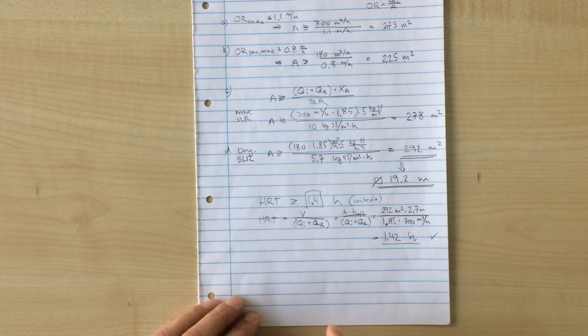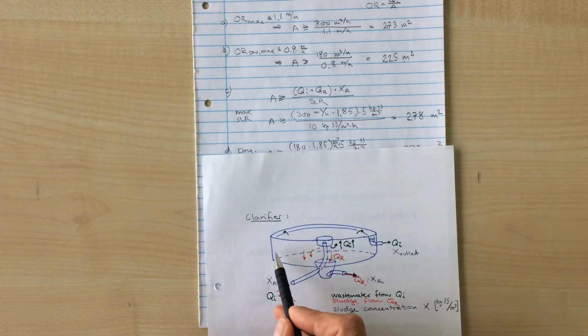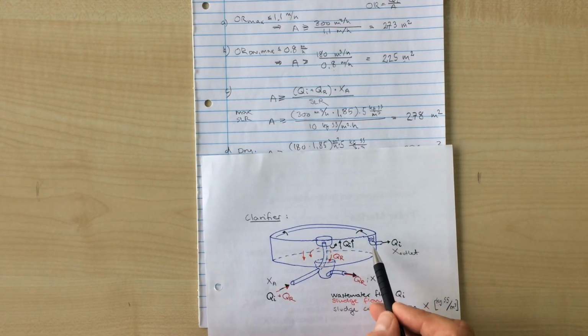Now I also need to check my sludge mass balance, and I need to see if my sludge in the critical situation does not take up more than half of the volume of the clarifier.